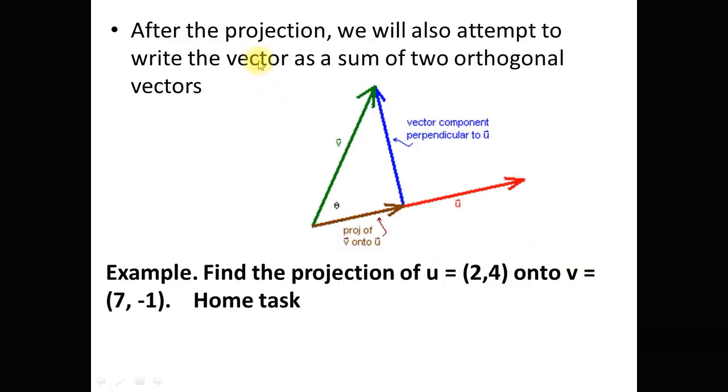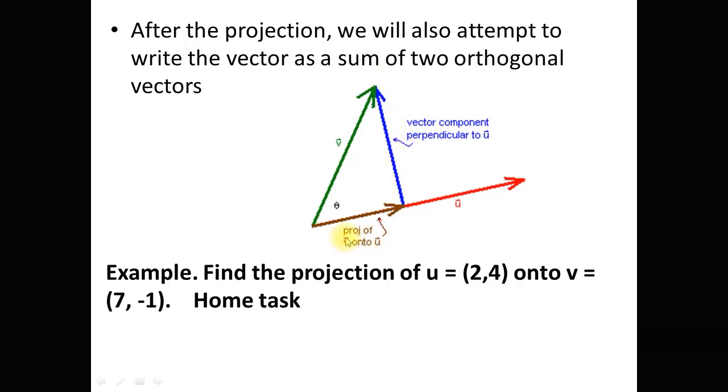Now after the projection, we also attempt to write the vector as a sum of two orthogonal vectors. You see over here vector components perpendicular to U. In this diagram, this is vector V and this is vector U. The orthogonal projection of V onto U is this component.